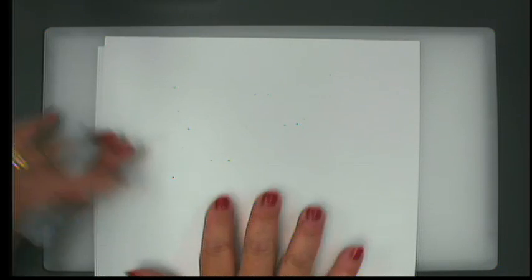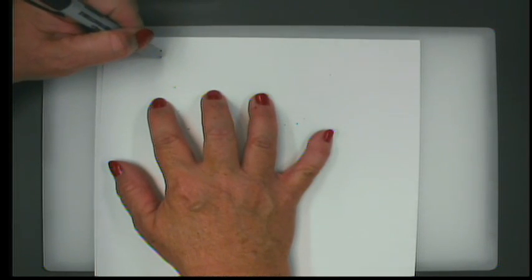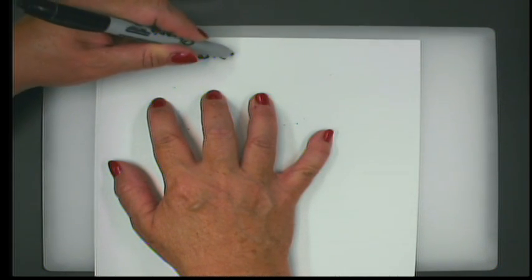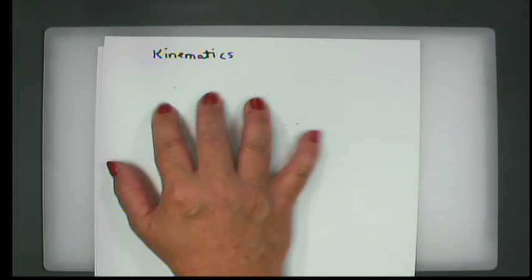So, going to the document camera, which will come up in just a minute, we're going to start talking a little bit about fluid kinematics. First of all, you may remember the term kinematics from either dynamics or possibly from Physics 1.